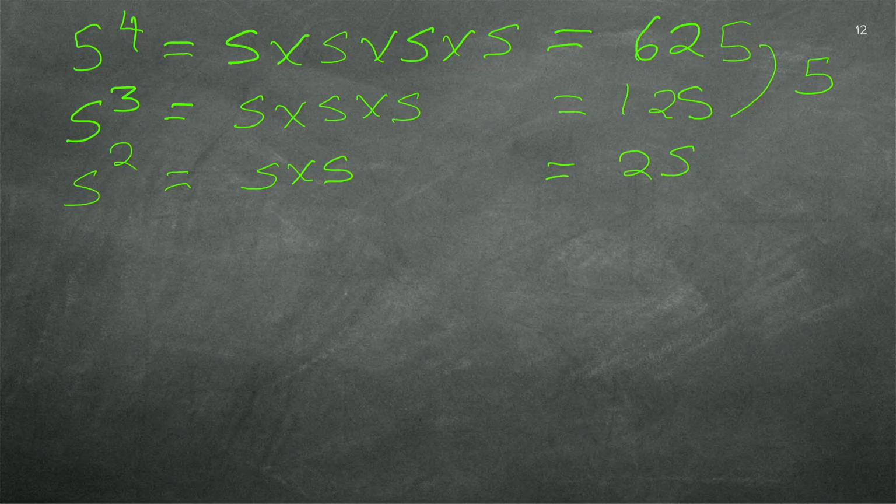And again, 25 goes into 125 5 times. Right. 5 to the power of 1 then equals 5. So 5 divided into 25 is also 5 times.